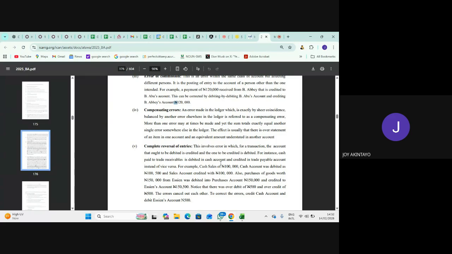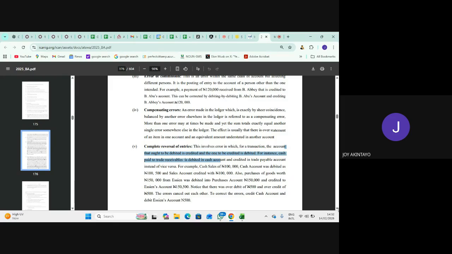Notice that there is an over debit of 500,000 naira and an over credit of 500,000 naira. These errors cancel each other. To correct this, you credit the cash account, the affected account, to cancel the overstated error, and you also debit Ezen's account to cancel the error.